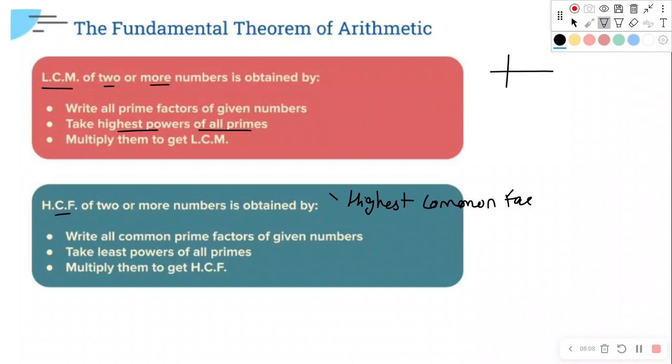For HCF of two or more numbers, the first step is to write all the common prime factors. Prime factorization of the numbers is necessary. If you do prime factorization first, then only you can find LCM or HCF. So write the prime factors of the numbers.